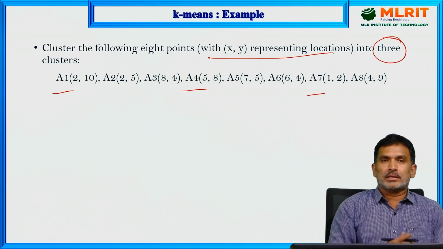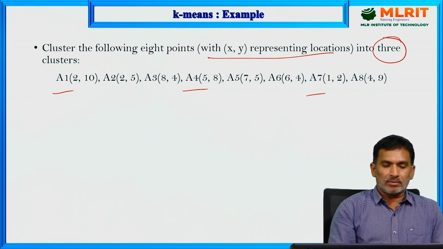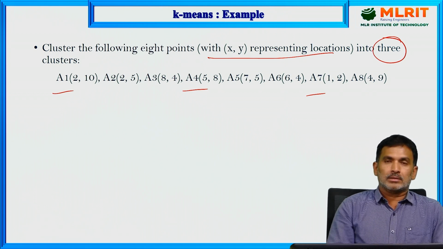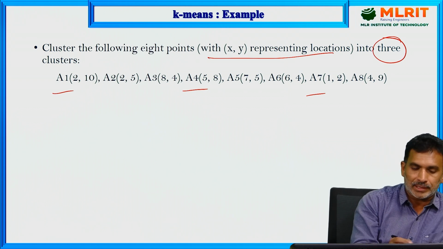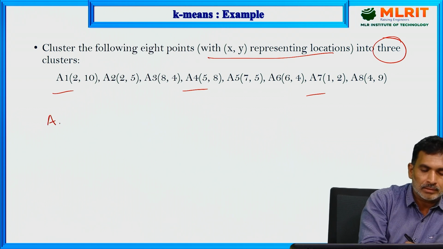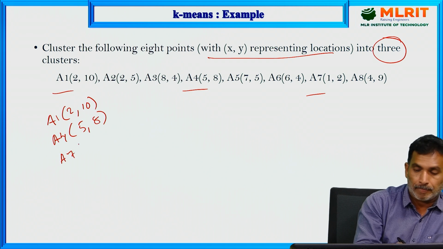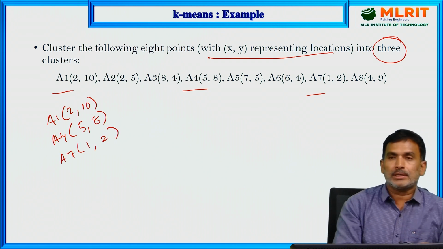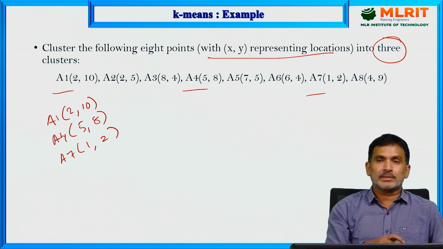As per the k-means algorithm, first we randomly select the cluster centers. In this case we select A1, that is (2, 10). Next let us take A4, that is (5, 8), and then A7, that is (1, 2). These 3 data points are selected as the initial cluster centers.